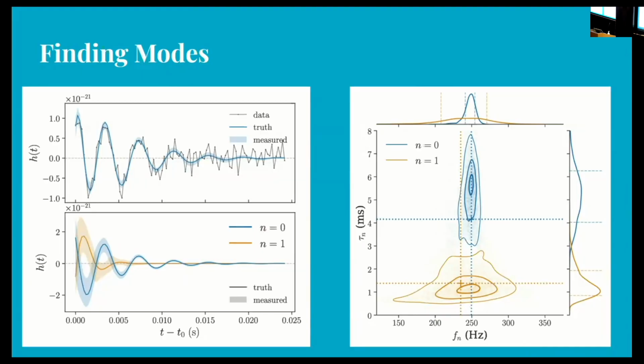You can kind of get a sense of it. The crosses here are truth, and if you regenerate random noise and run again, these curves shift around. From the offset between the peak of the curve and the cross, you can get a sense of how much they tend to shift around. So it's not impossible to get overlapping tails here in the marginal.